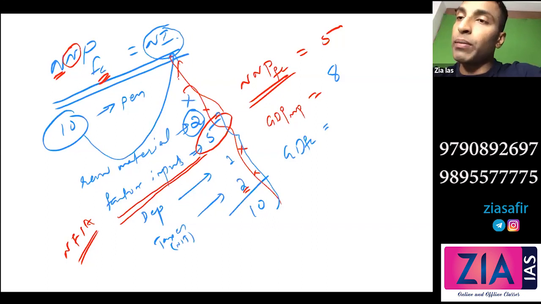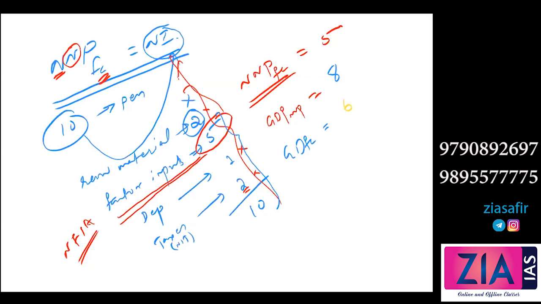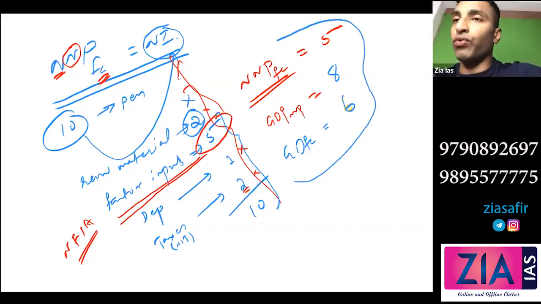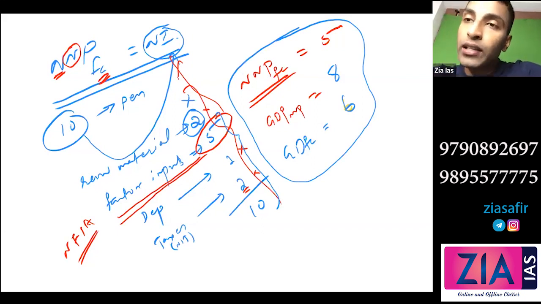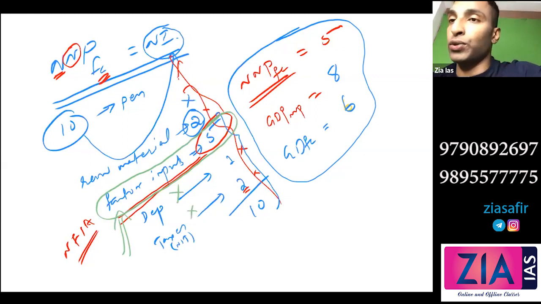So you will exclude tax and GDP FC will be 6. So I hope you understood how you're getting this. What I want to tell you is when it comes to national income, we will be adding only these factor inputs, only the real value addition. We ignore depreciation, and we don't consider the tax also. So that's what you need to keep in mind when we discuss national income.